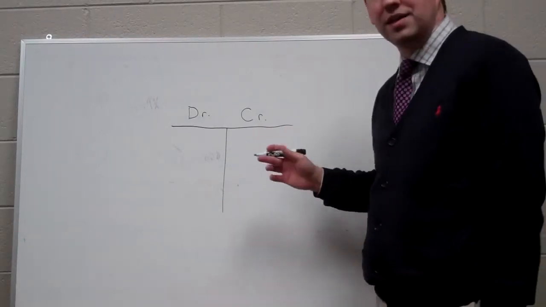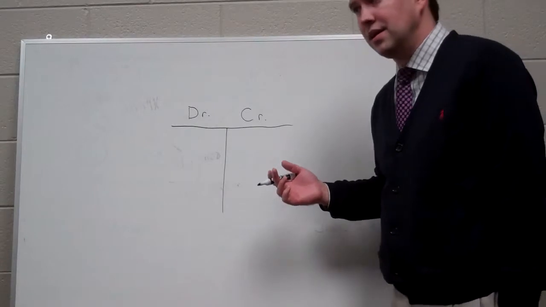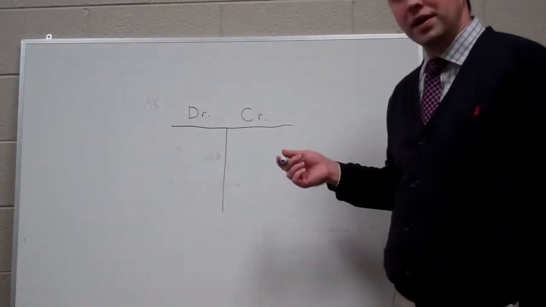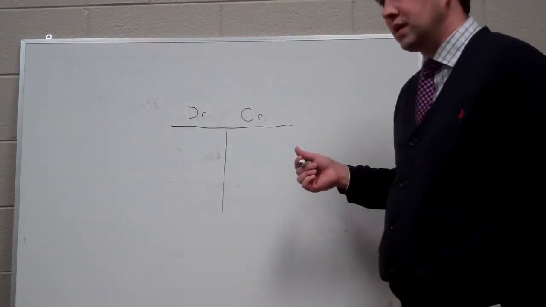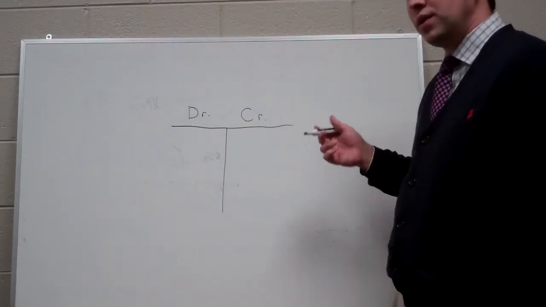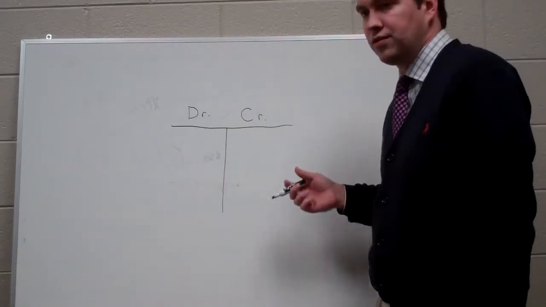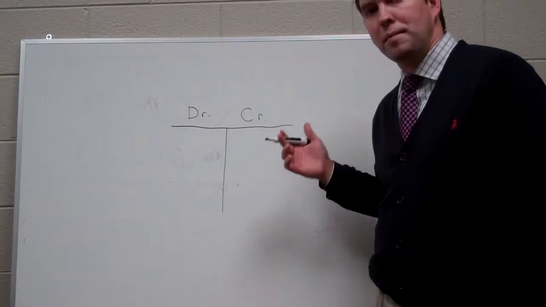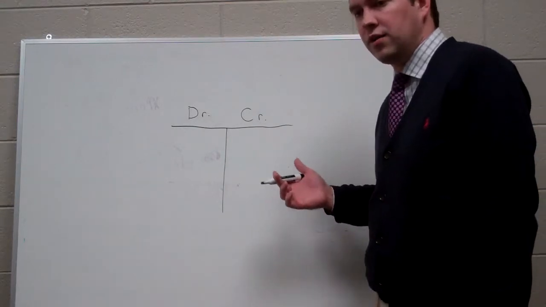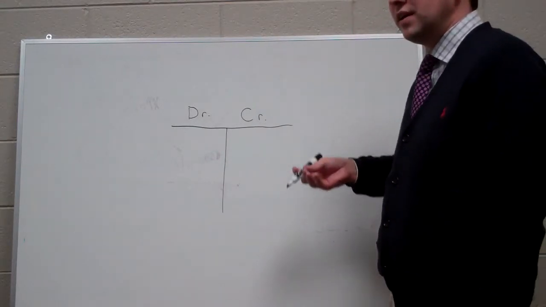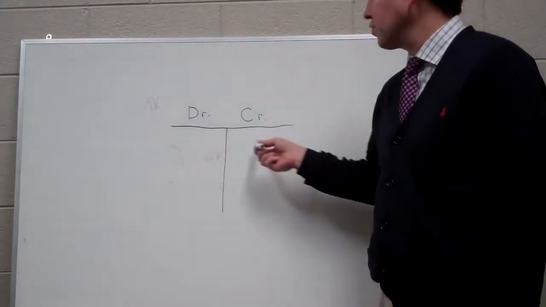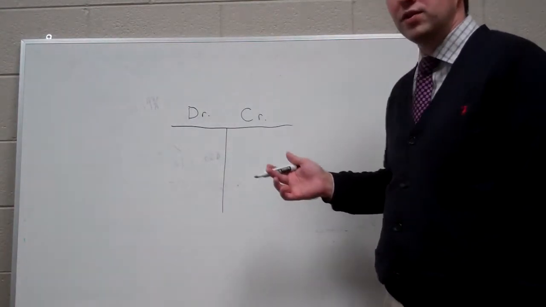Don't try to make it into something it's not. Now, I want to talk about a couple of pieces with you. It's important that we think about different accounts and their normal balances. All the normal balance means is what side, debit or credit, do they increase on?